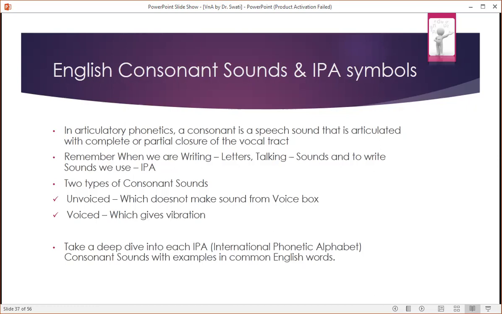S is not giving any sound coming from the voice box, but g is coming from the voice box. So similarly, we have consonant sounds which are voiced and unvoiced. So let's do a little deep dive into IPA and understand more consonant sounds with some examples.